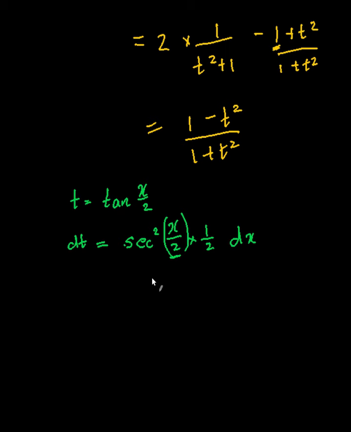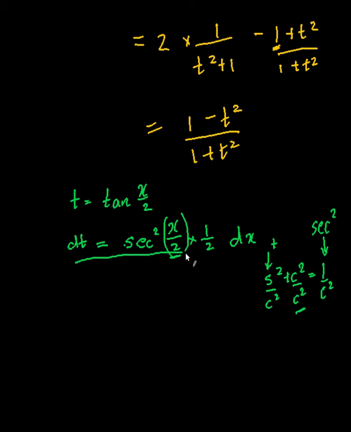Now sec squared, so remember how I said sine squared plus cos squared is equal to 1, right? If I divide everything by cos squared, over here I will get sec squared, over here is 1, this thing over here is 1, and this thing over here is tan squared, right? So essentially dt is equal to half tan squared x/2 plus 1 dx.